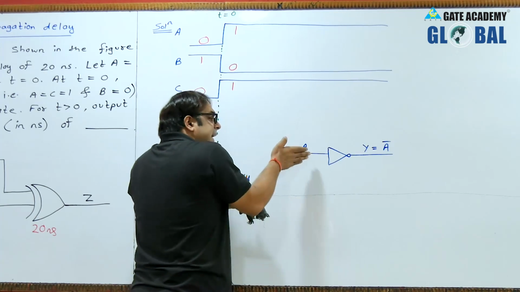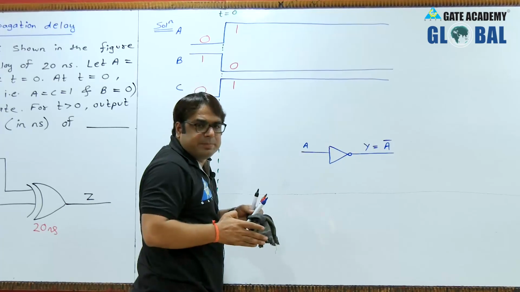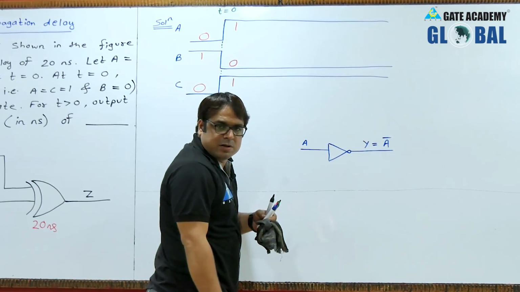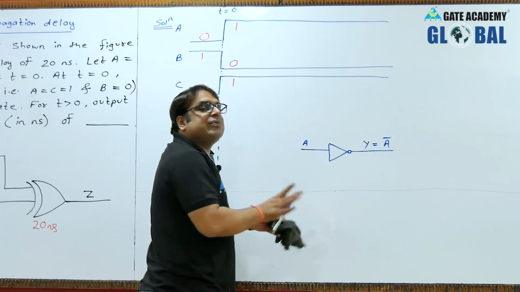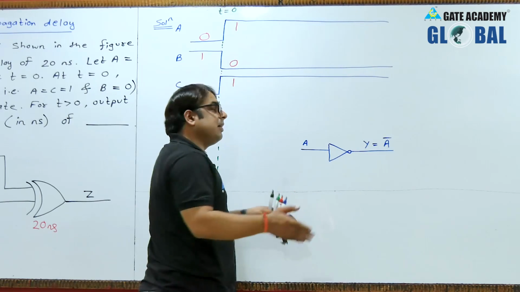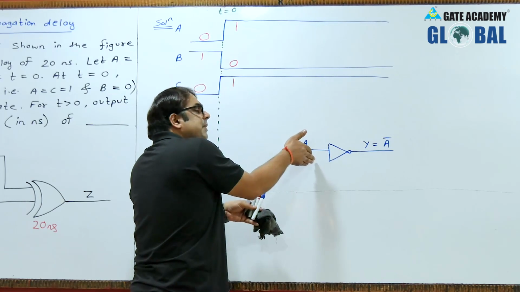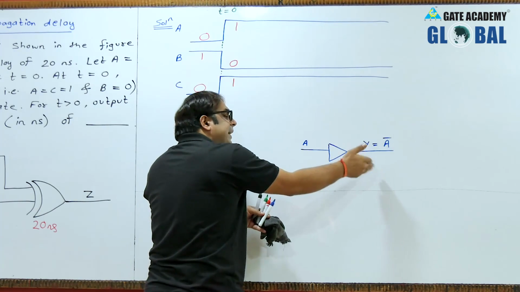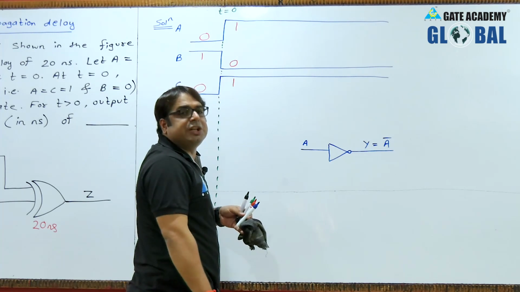So if I change my input, obviously my output has to change. Ideally, if nothing is given to me, I will say as soon as I change my input, at the very same moment output will also get changed.